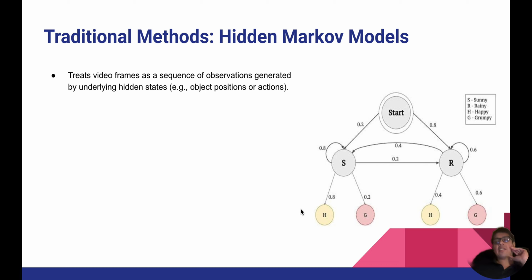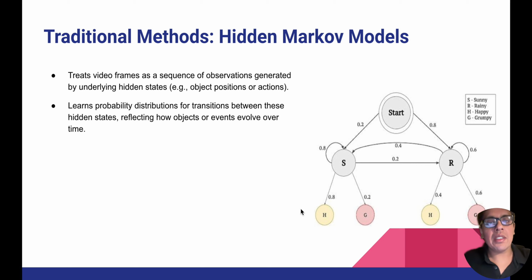And if it's sunny, it will be happy with about 80%, but only grumpy with 20%. And the reverse is almost true for the rain node. So ultimately your chances of transitioning to happy or grumpy can essentially be modeled as a coin flip.